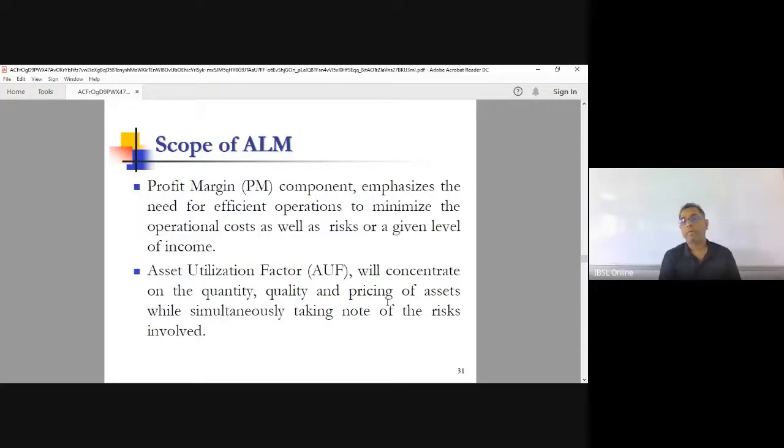So you need to look at how you can increase that margin. To do that, one is to make sure that you charge the correct margin. The other one is to make sure your operations overall are minimal.